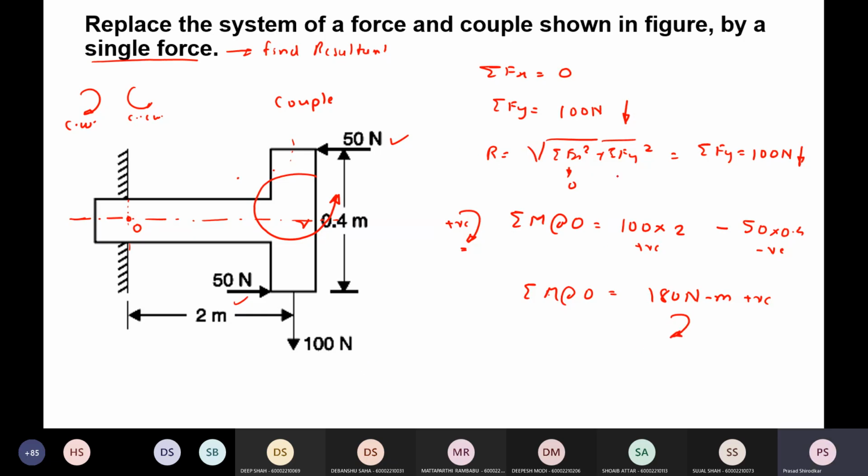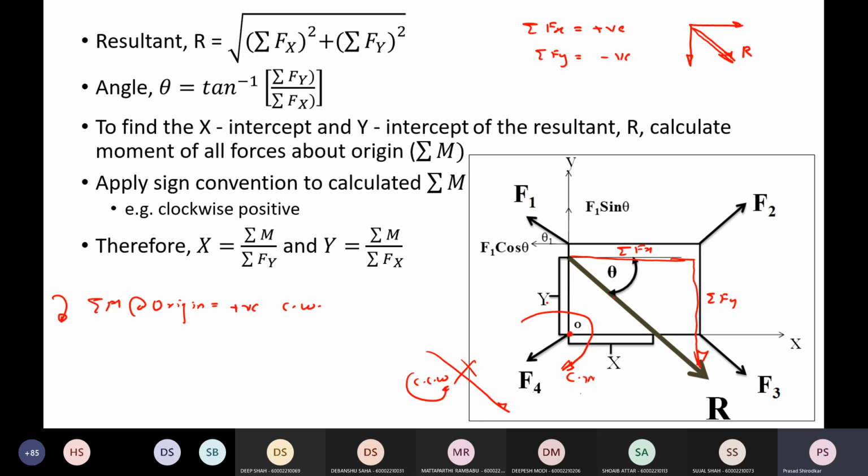So the resultant is in downward direction, and we have to find the point of application of the resultant. To find it, we have to find the x-intercept. If you see in the previous slide, the x-intercept is given by summation M divided by Fy.